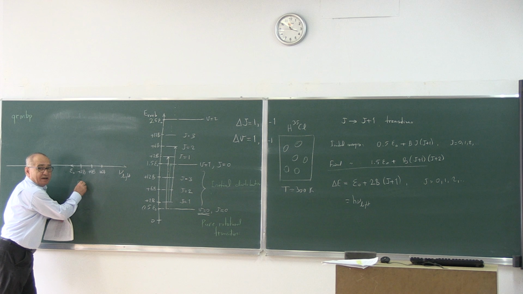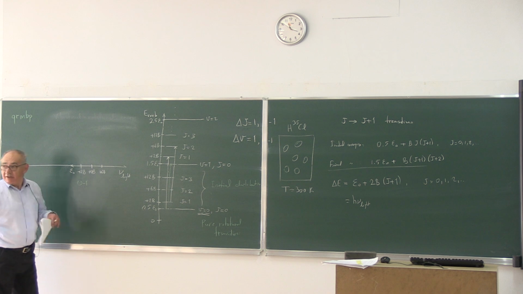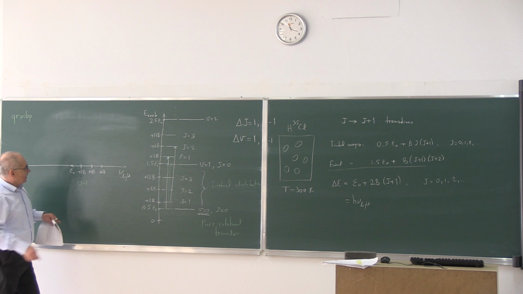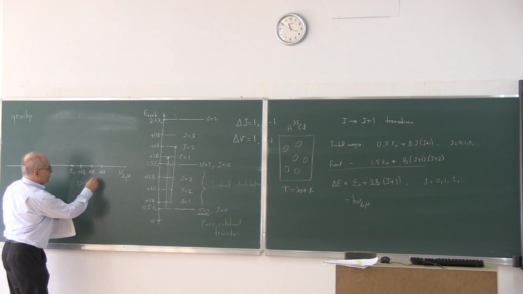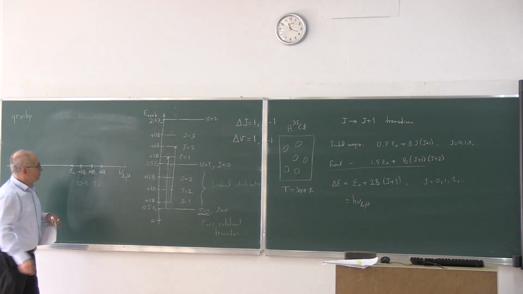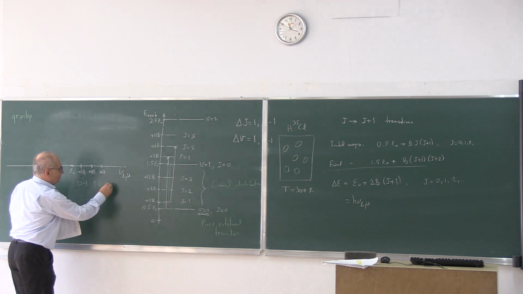What is the final J for this transition? Delta J is plus 1, isn't it? 0 to 1 transition for J. What about this one? What was the initial J? 1. The final J is 2. This one, initial J is 2, final J is 3.